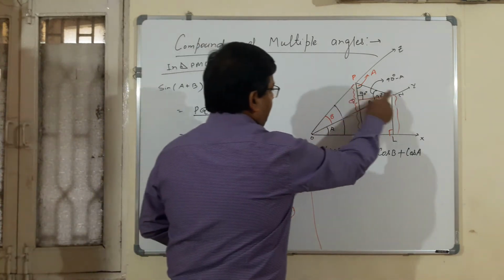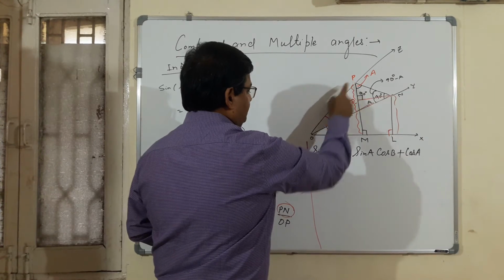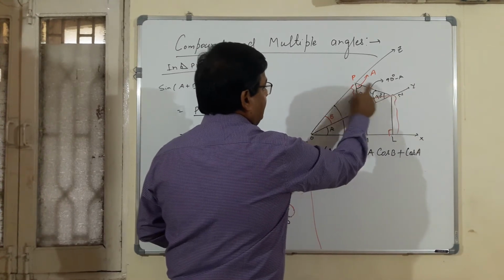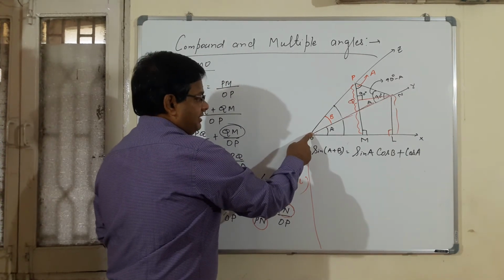For this angle PON, PN is the perpendicular and OP is the hypotenuse.